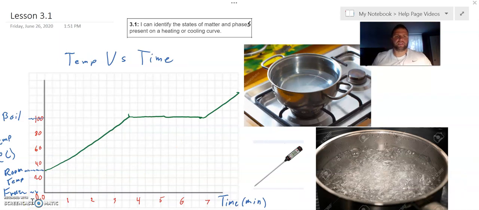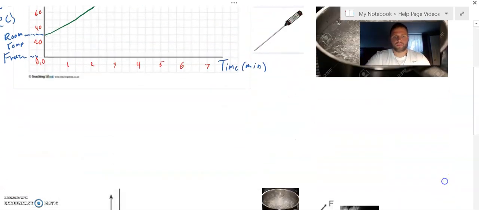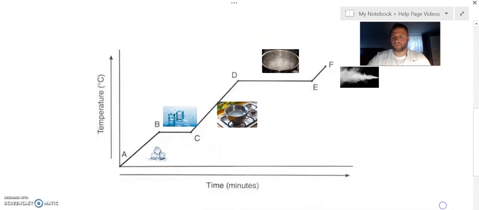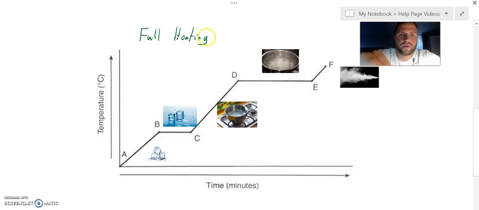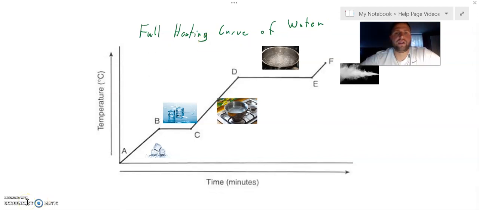Let's now go ahead and expand this idea even further. We're going to broaden the heating curve for water and see what it looks like in full. So we can label here at the top that this is the full heating curve of water. Let's go ahead and label some key temperatures that we know.